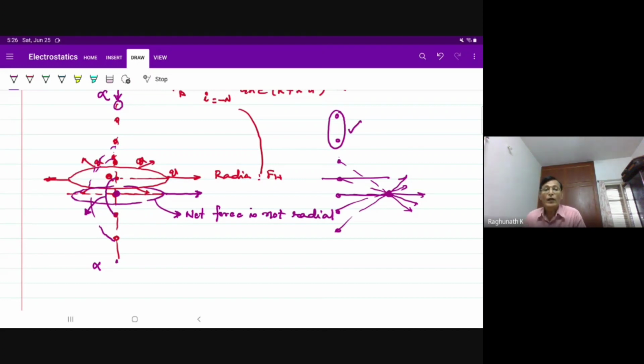And we talk about, listen carefully, the net force because of the charges here is purely horizontal. Because of these two n-2, you have horizontal components as well as vertical components.